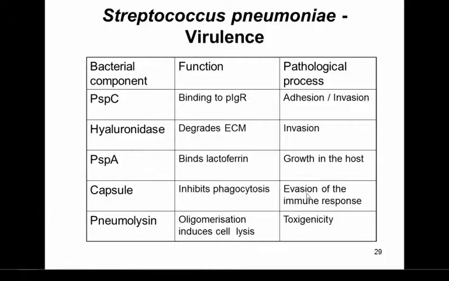And PspC is going to bind to a host cell protein called the polyimmunoglobulin receptor, pIgR. Now, pIgR is part of our host defense. Its role is to pick up immunoglobulin A, secreted by plasma cells underneath the mucosa.